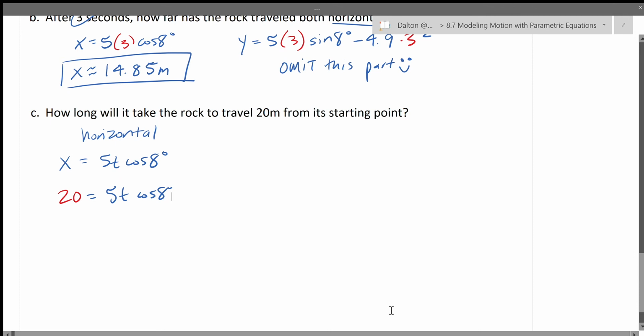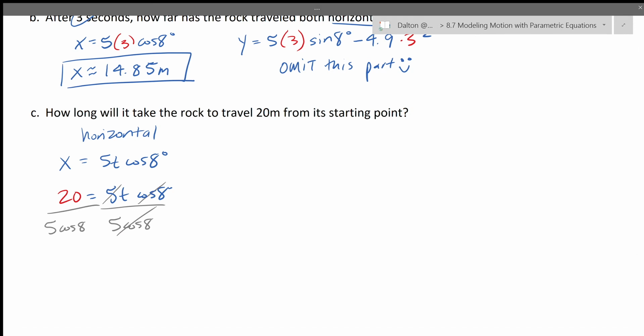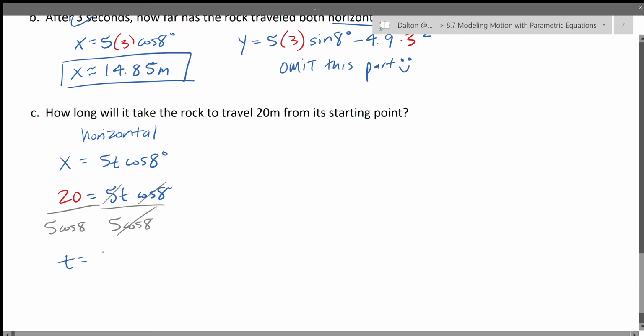So I can take care of both of those in one fell swoop. If I divide by 5 times the cosine of 8, it will cancel with both of those. And then I divide the left side also by 5 times the cosine of 8, which means t will equal 20 divided by 5 times the cosine of 8. Round it to the nearest hundredth. Time is going to be approximately 4.04 seconds.